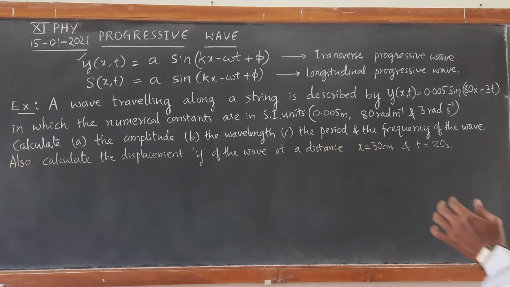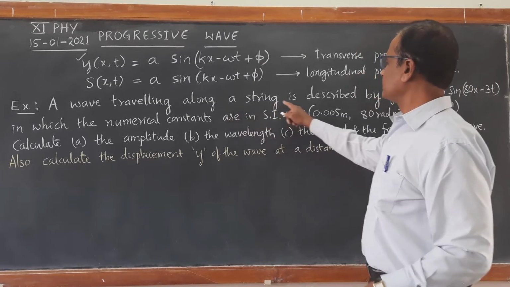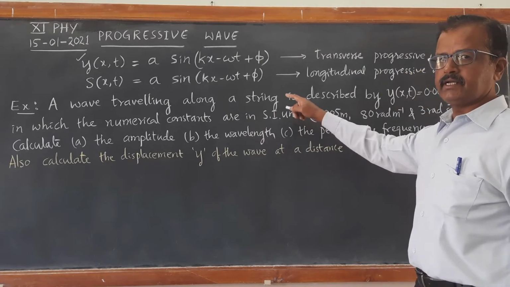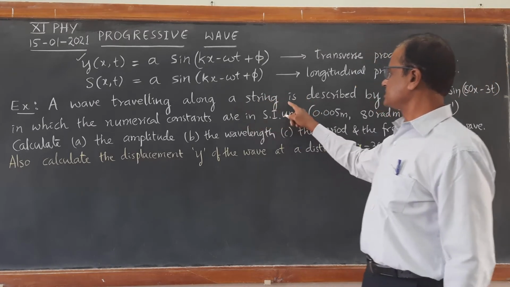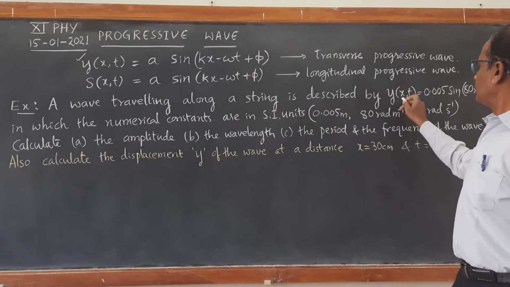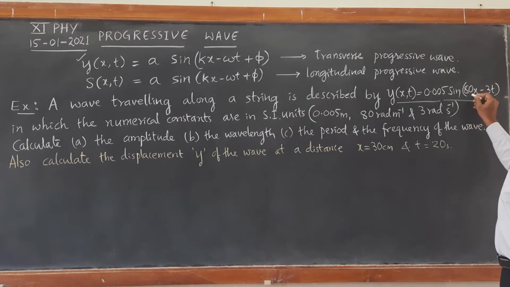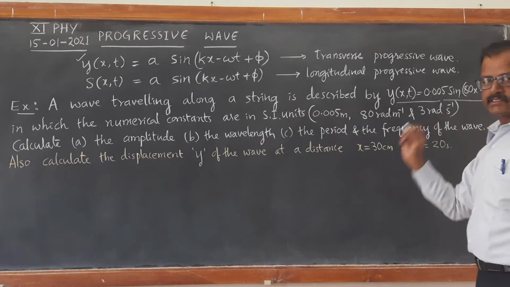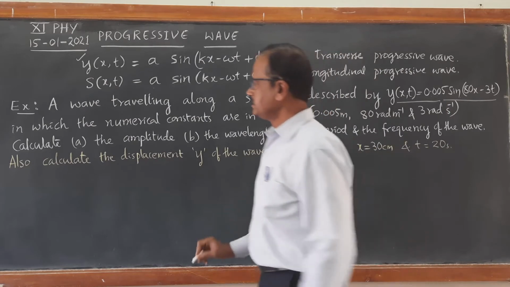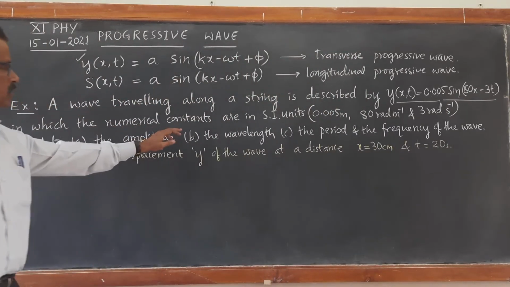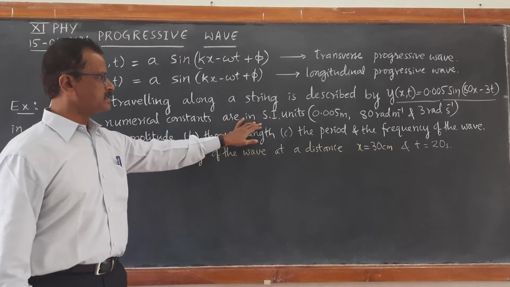Look at the problem. A wave is traveling along a stretched string. It is described by y(x,t) equal to 0.005 sin(80x minus 3t), in which the numerical constants are in SI units.